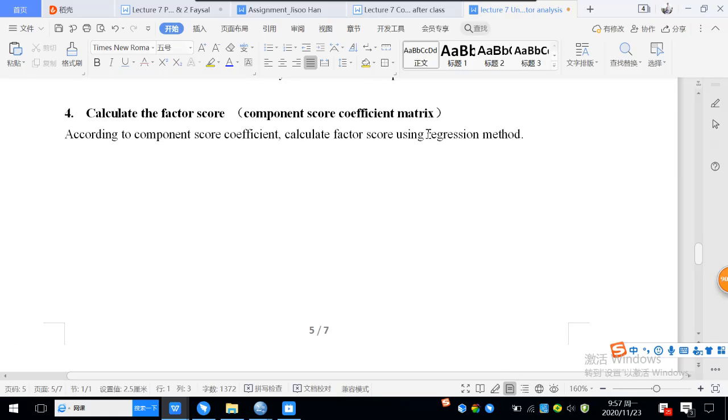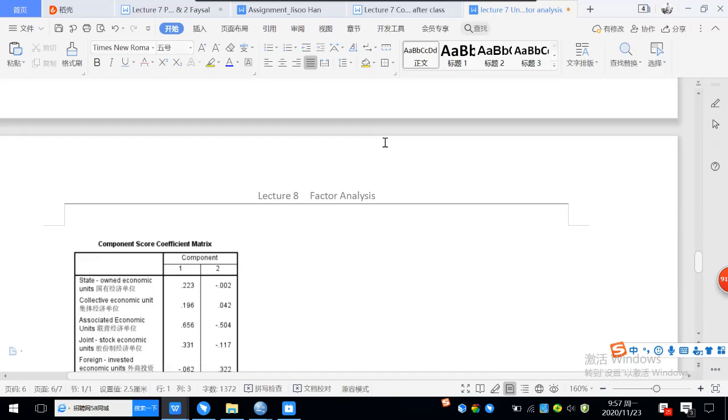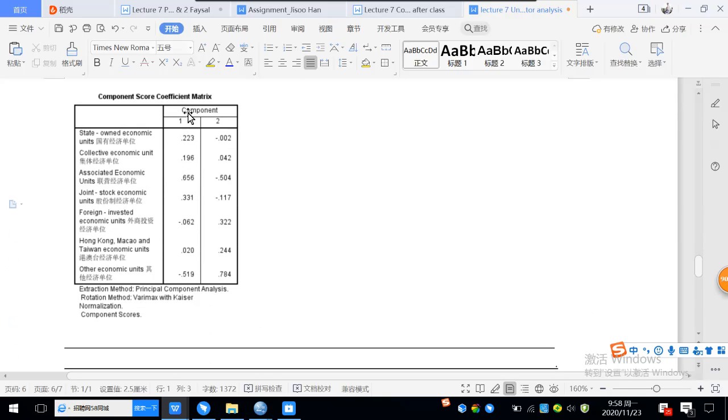And also you can write the regression model to calculate the factor score. Look at here. Component 1 is factor 1. Okay. Component 2 is factor 2.